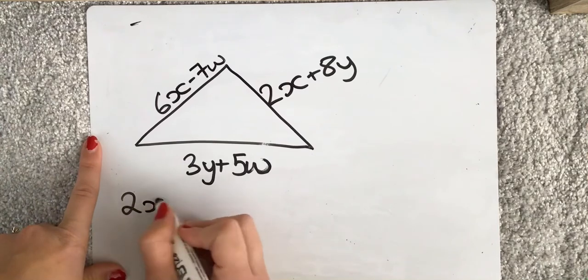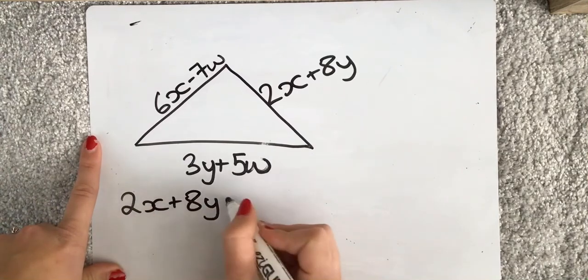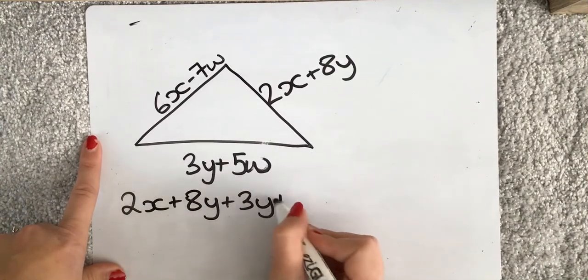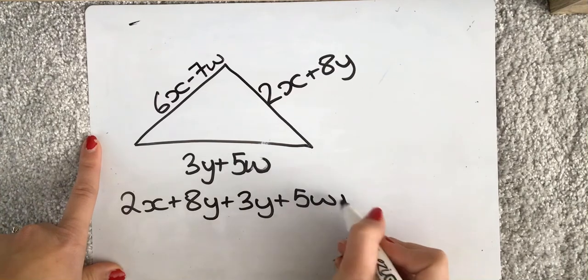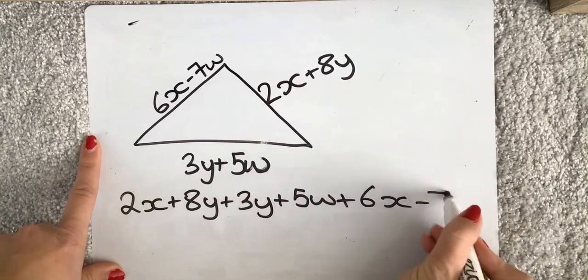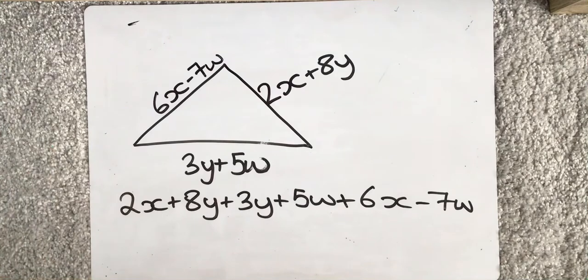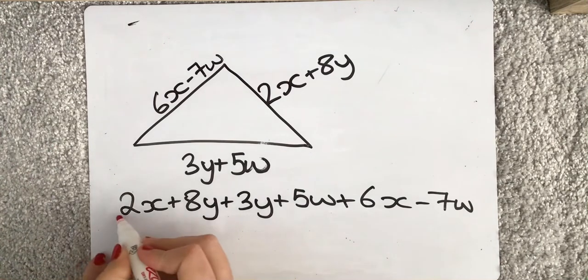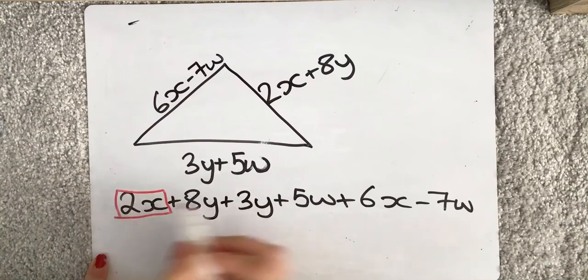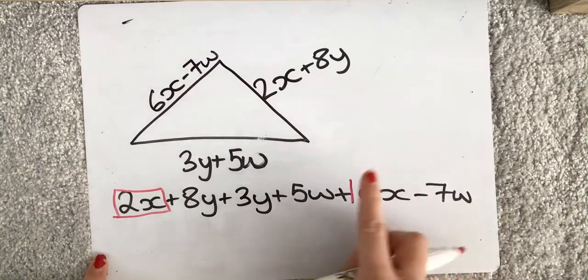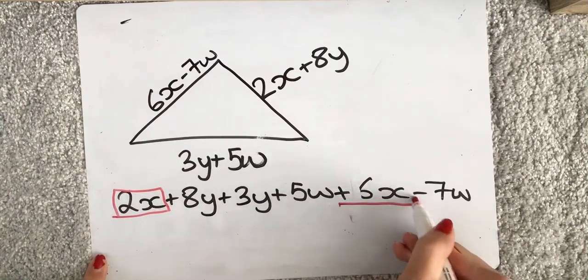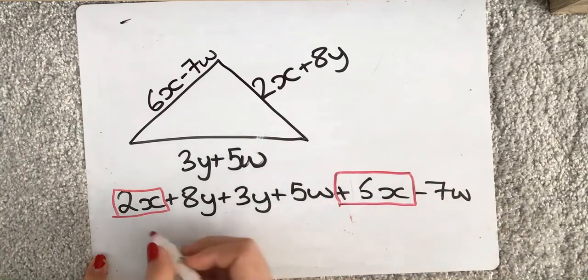So I've got 2x plus 8y plus 3y plus 5w plus 6x minus 7w. And what I've got to do is I've got to just group them together. So I've got my 2x and I've got, drawn it in the wrong place, my plus 6x. So I'm going to write that out.